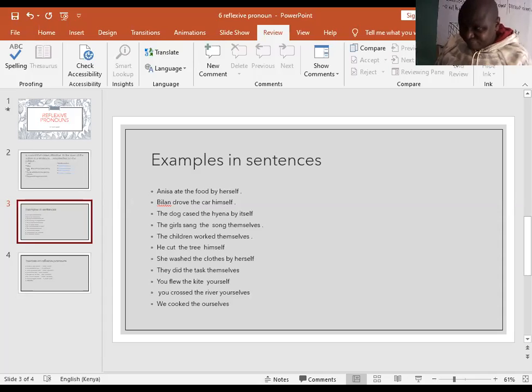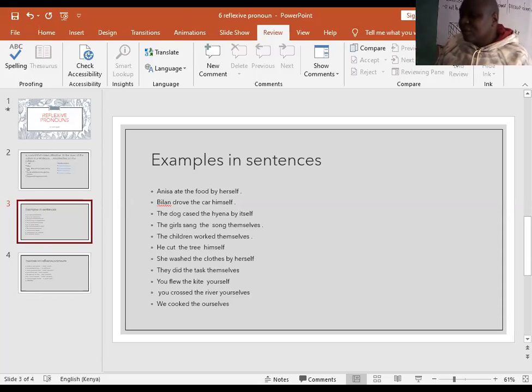Next is female. We have several different Somali female names: Anisa, Naima, Aisha, Asha, Uber. There are also Christian names, Grace, Pamela, and so forth.